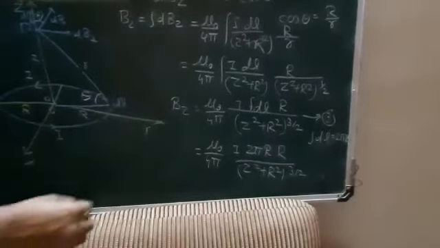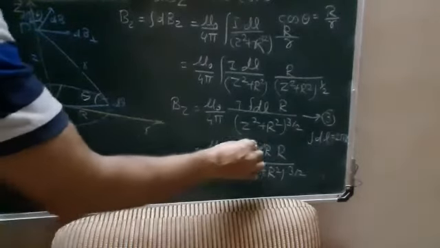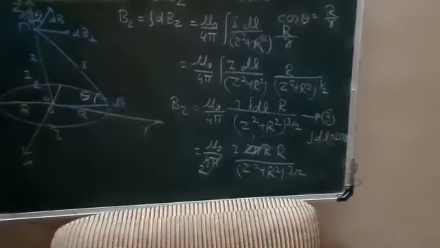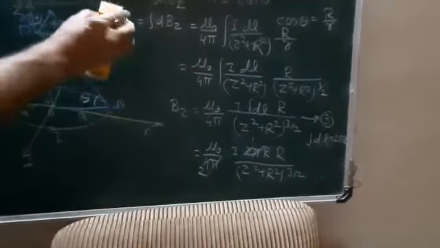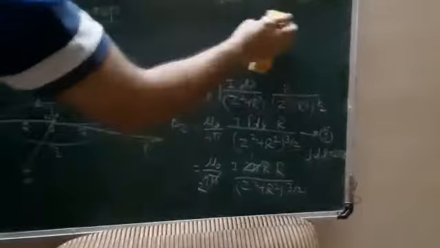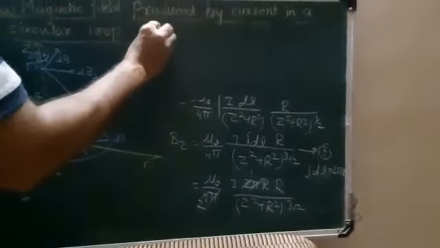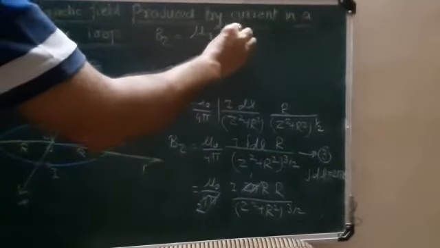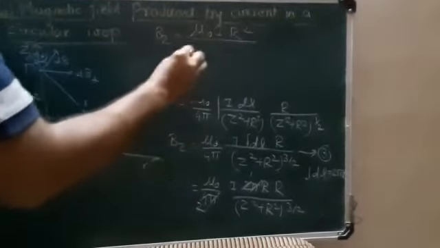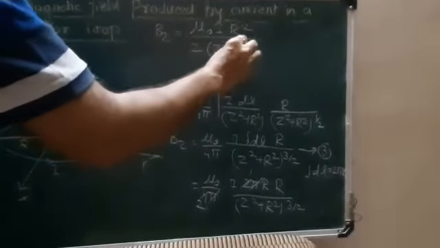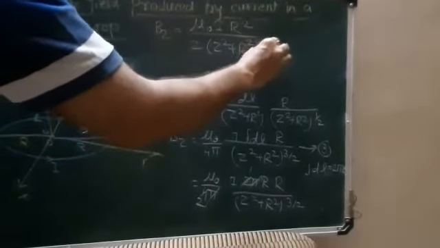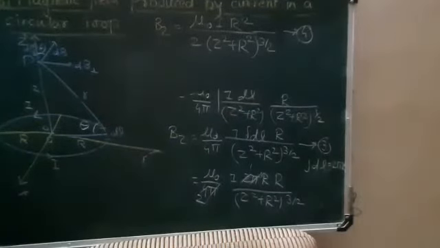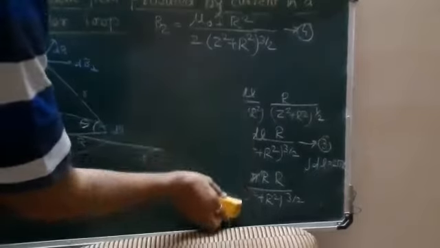At this time, pi will get cancelled, and the 2s also. Therefore, the total magnetic field of induction at this point will be Bz equal to mu 0 I R square upon 2 into z square plus R square raised to 3/2. Call this equation number 4. This is the magnetic field of induction at this point.